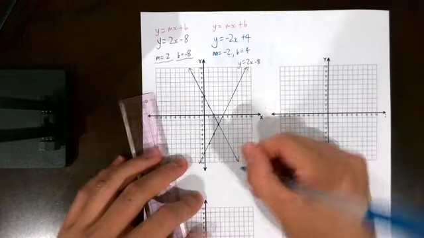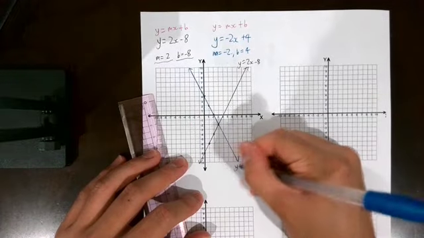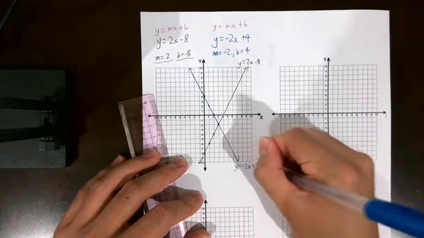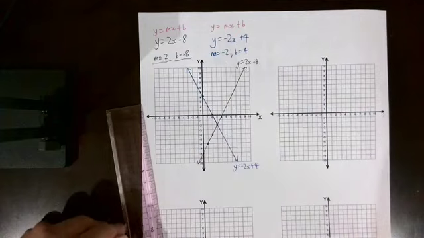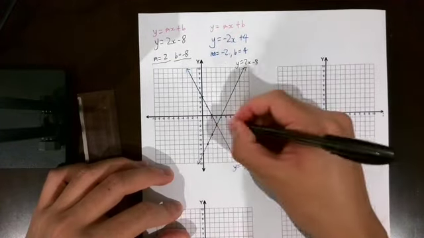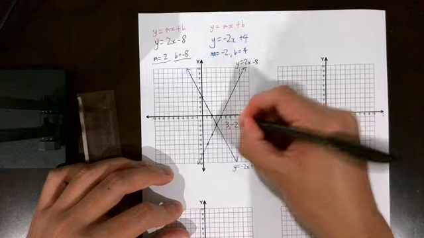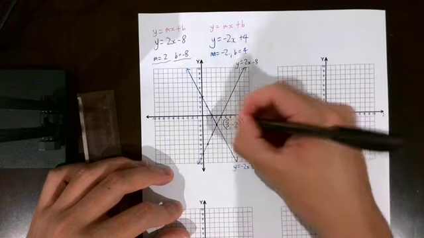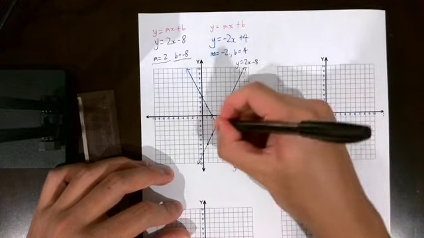And so we've got the line y equals -2x plus 4, and also y equals 2x minus 8, which we can see meet at the point 3, -2, where x is 3 and y equals -2.